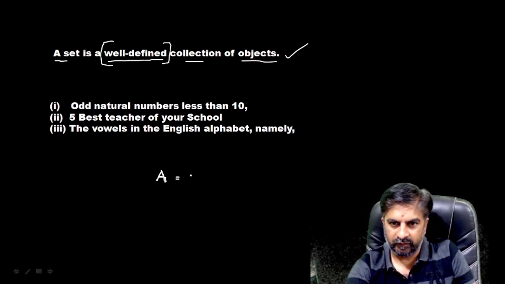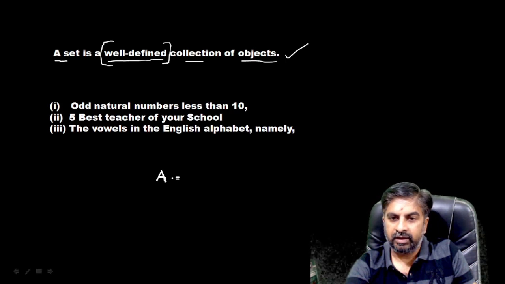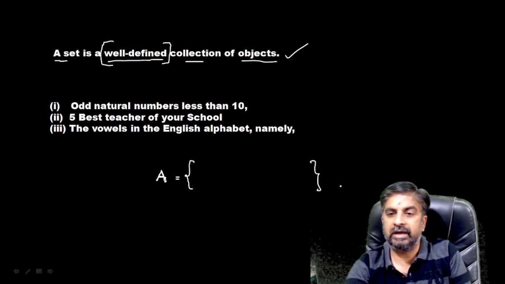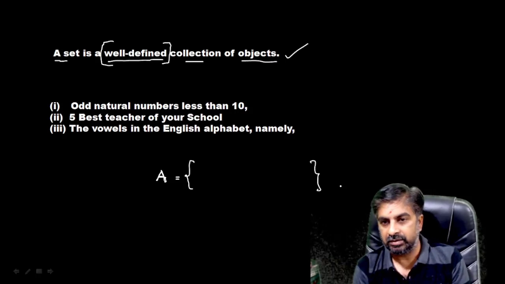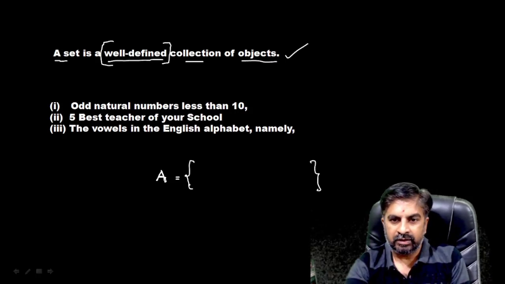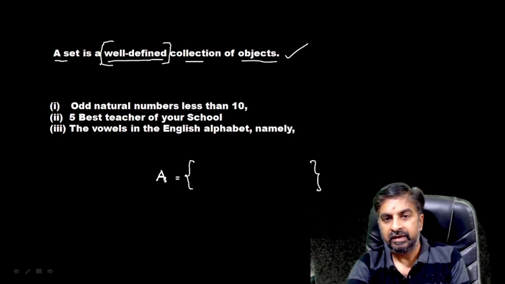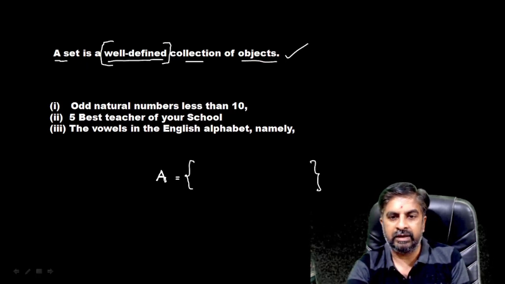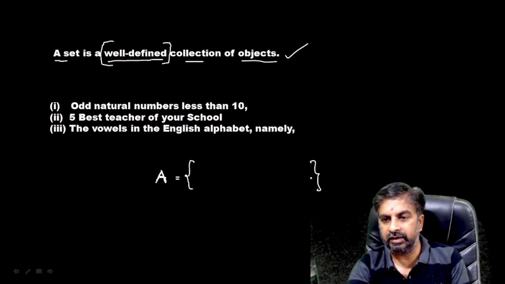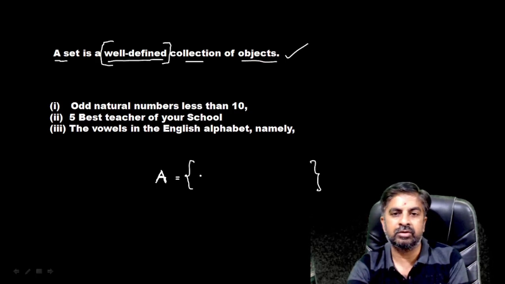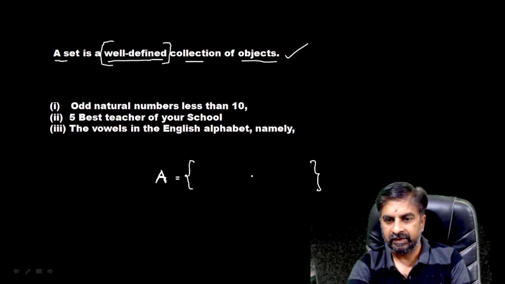Set A equals, and always use curly braces, and all the elements, I will tell you what an element is, should be written inside these curly braces. Always keep in mind that the name of the set is in capital, and inside the curly braces try to use small letters for the elements.